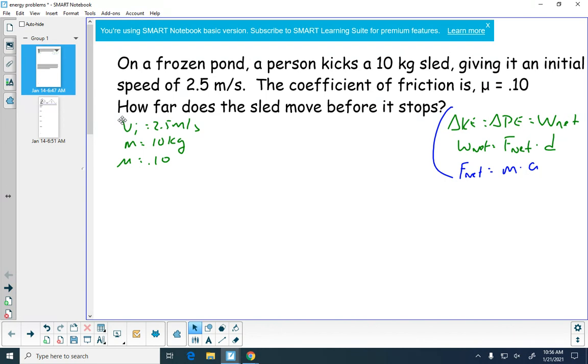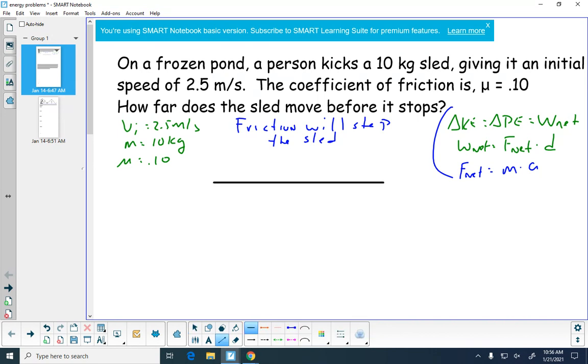Which would still be cool to live in, but that's just me. So we have our force of friction that's going to eventually stop this. So friction will stop a sled.